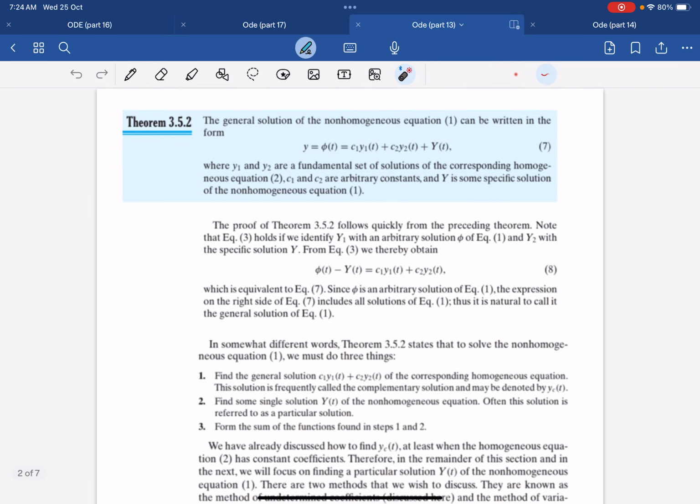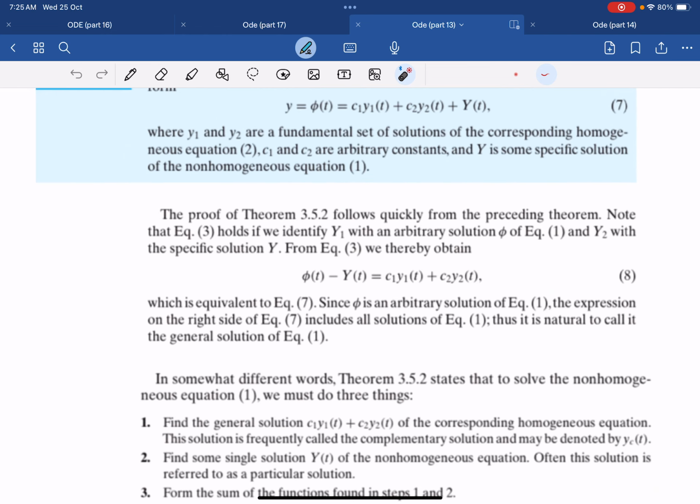Understanding that now, we take a look at finding the general solution to a non-homogeneous equation. The proof follows quickly from the previous one. If we identify y1 with an arbitrary solution of equation 1 and y2 with a specific solution, then from equation 3 we obtain that this difference must be in the solution set of the homogeneous case.